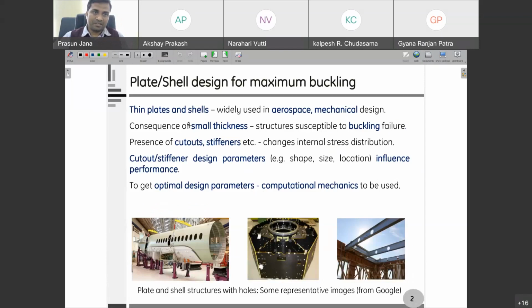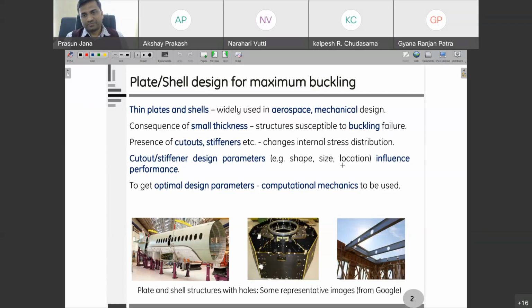Thin plates and cell structures are widely used in aerospace, mechanical, even naval structures. If the structure is thin, then due to this small thickness, these structures are susceptible to buckling failure.